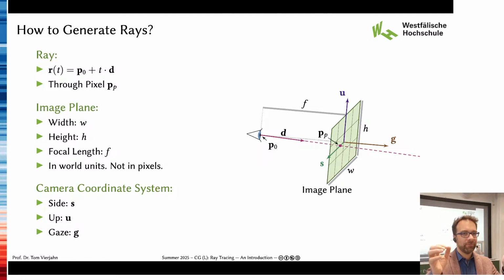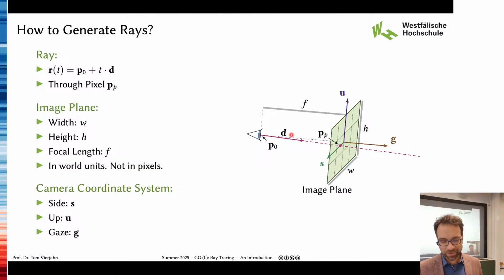Maybe that is the viewing direction, but then we have a collision with this d of the ray, that is the viewing direction of the individual ray, so let's call it the gaze direction of the camera. We need to compute those directions later.